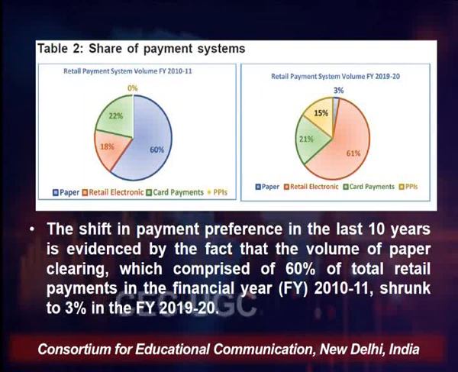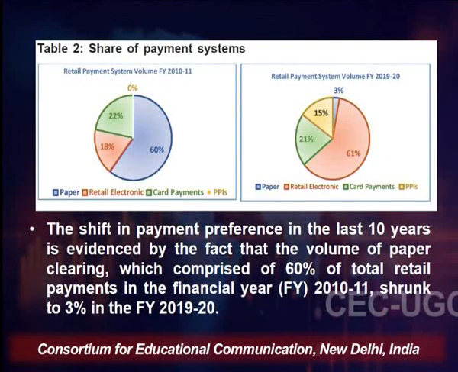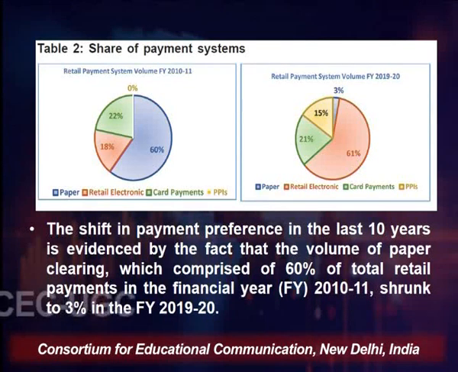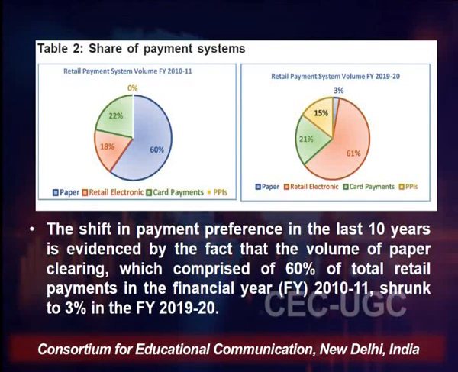Now in 2020, the 60% of total payments which was paper-based in 2010 has reduced to just 3%. So 61% of the payments are now electronic. That is where we have reached as an economy, as a financial system, and what needs to be worked upon.